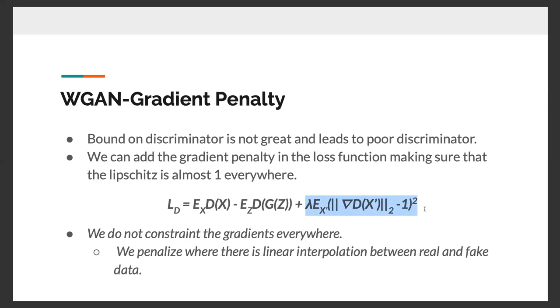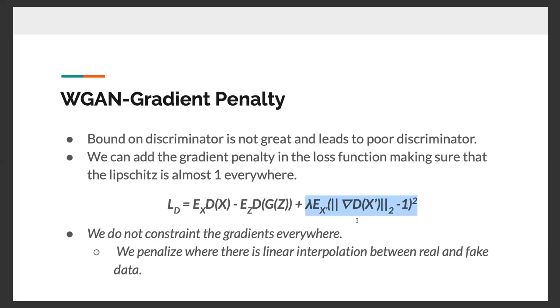So when we are training the discriminator, if the gradient here is not 1, it's some other constant, and if we have a very huge lambda here, this term becomes very huge, so the loss will likely become very huge. So when we are training the discriminator, it's like moving the gradient norm toward 1.